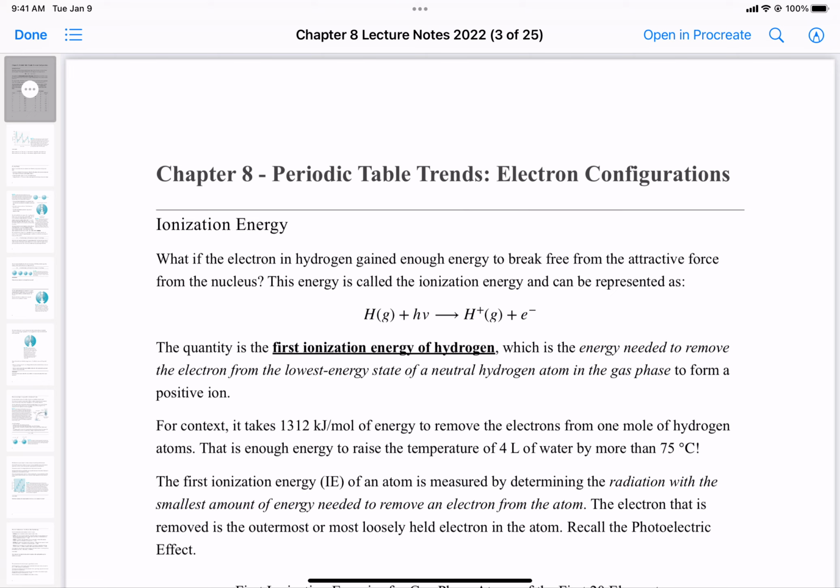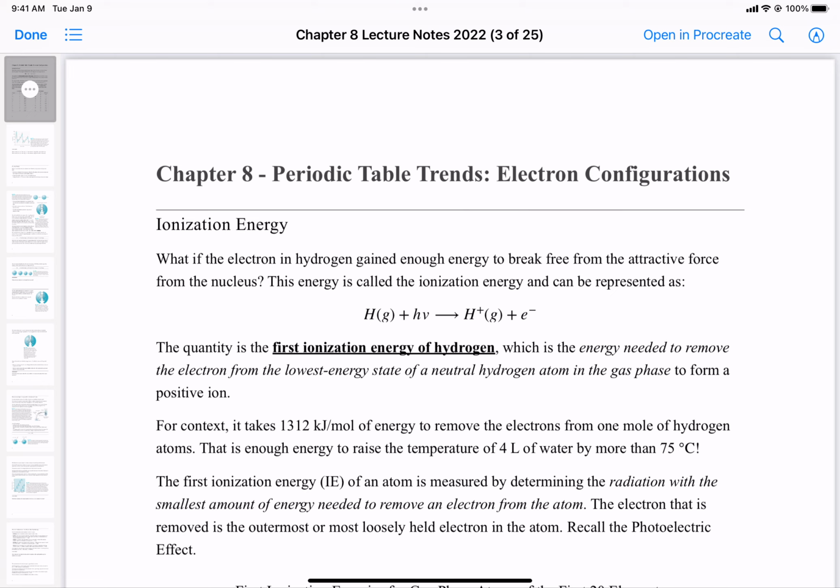So ionization energy answers this question: what if the electron in the hydrogen gained enough energy to break free from the attractive force of the nucleus? Okay, so when an atom loses an electron and is free from the influence of the nucleus, we call this the ionization energy.